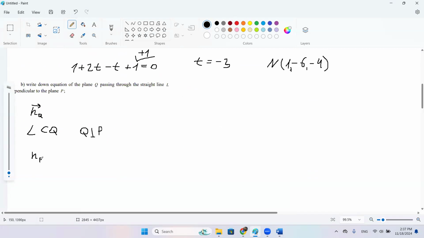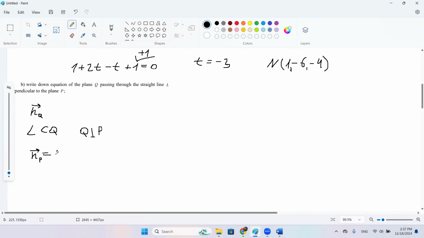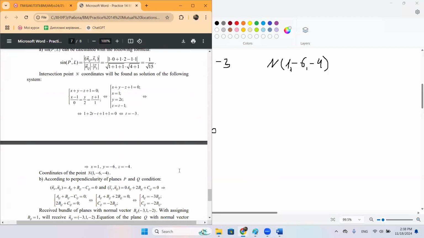So the normal vector of P equals 1, 1, minus 1. It means that AQ plus BQ minus CQ equals 0. We will have to find such coefficients, but that's not enough information. What else do we need to find?